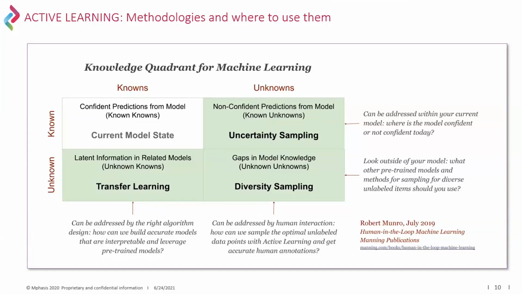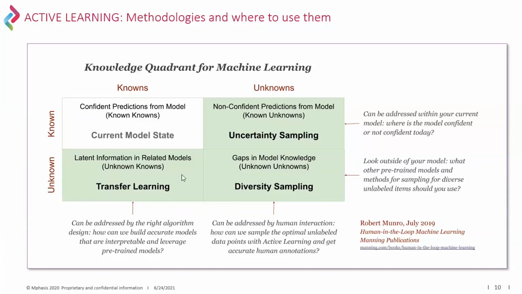The second method of active learning is uncertainty sampling, which comes into play if you already have a working model, but you know that there are patterns that it has still not recognized and it can learn from. So a human can guide the model for those uncertain points and it can then start learning them and perform better.